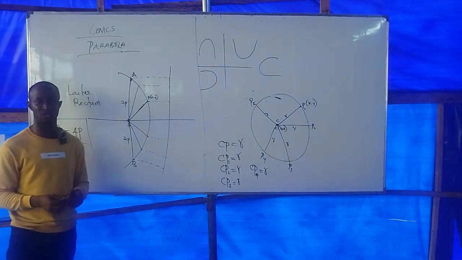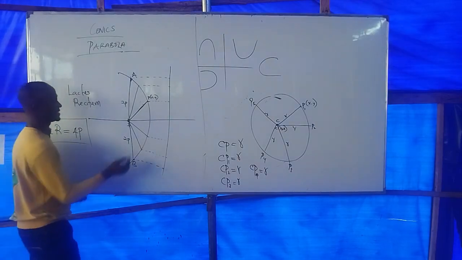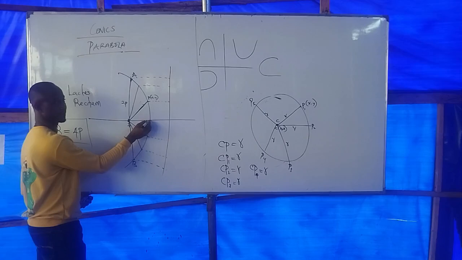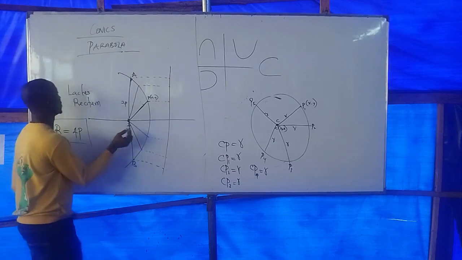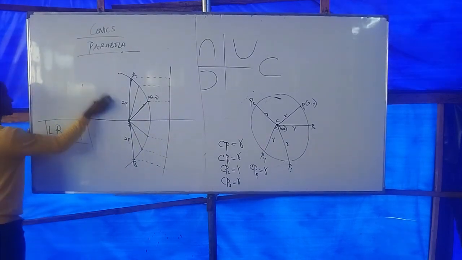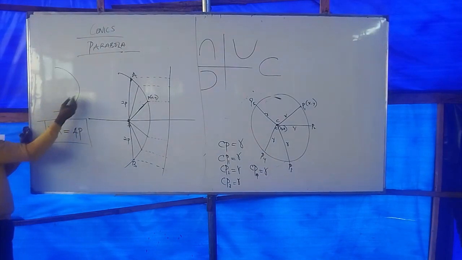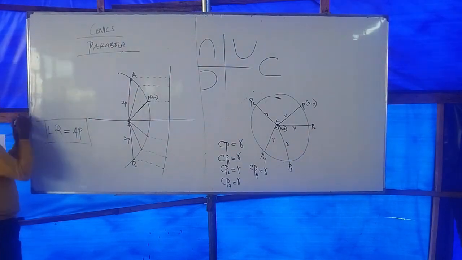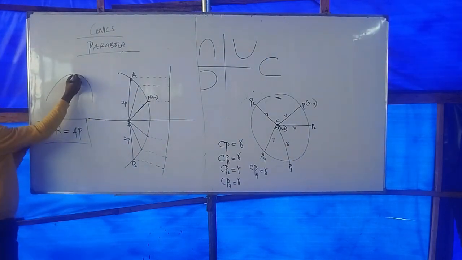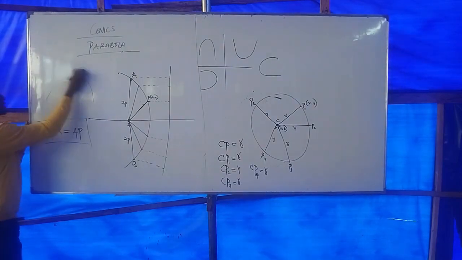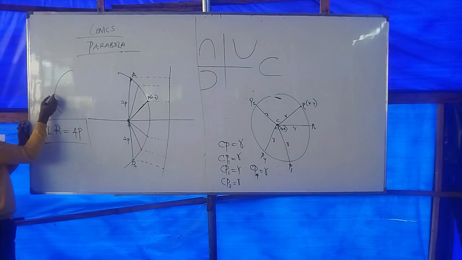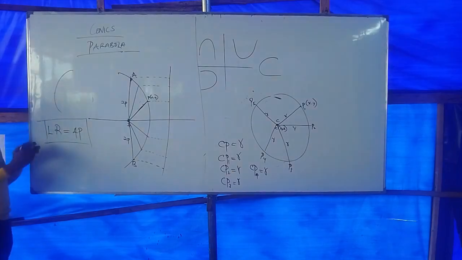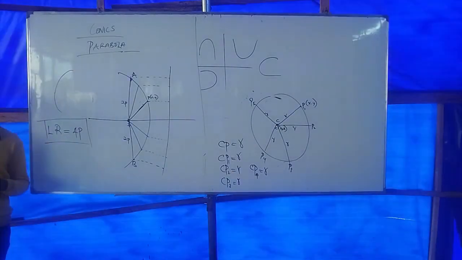So if we have a curve like this, this edge here is called the vertex. If we have a curve of this form, this edge is called the vertex. It's called the turning point in the parabola.